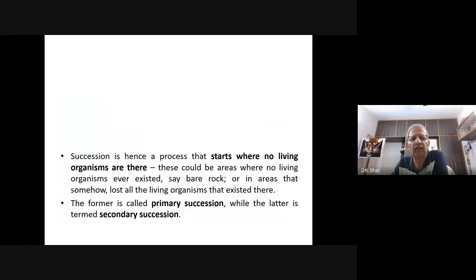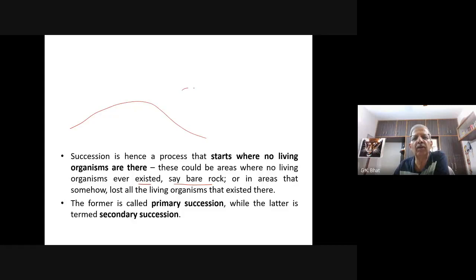Succession is hence a process that starts where no living organisms are there. So I said that at the beginning it was a barren land. These could be areas where no living organisms ever existed right from the beginning, or sometimes this is bare rock. No other organisms are there, neither the plants nor the animals.